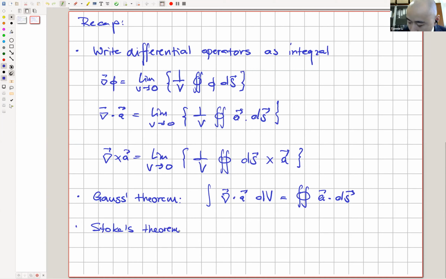The integral of the curl of A over some surface ds is given by, let me do this properly, the integral over some loop C of A dot dl. For the top case, ds is simply the surface bounding V, and the C here is the bounding line to a particular surface that we're integrating.